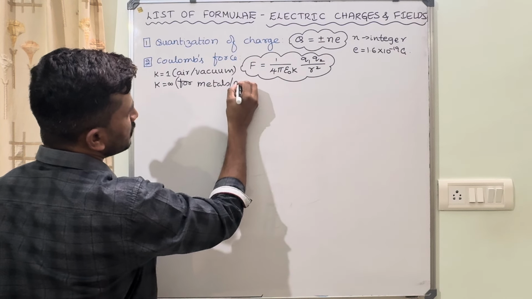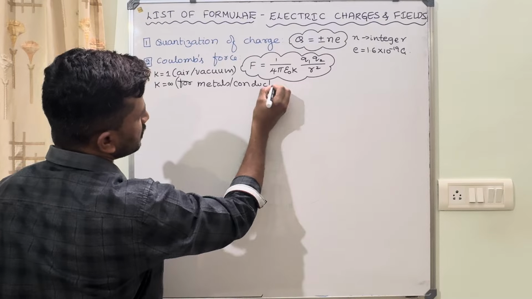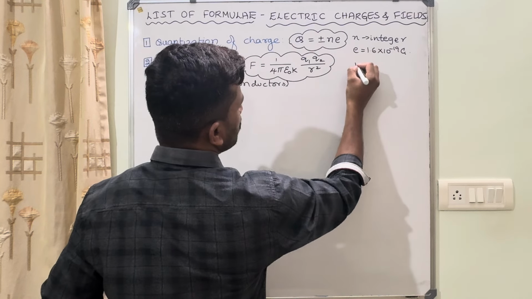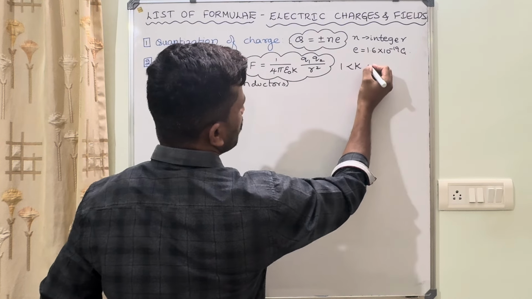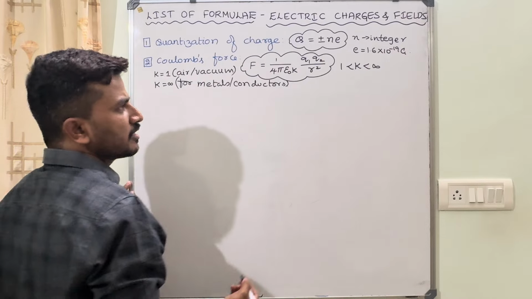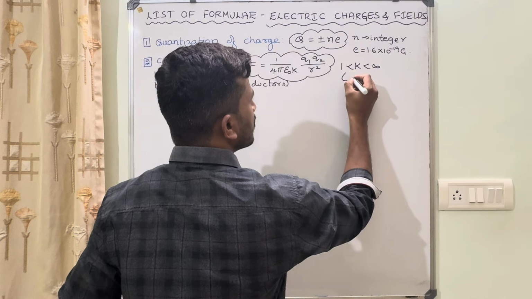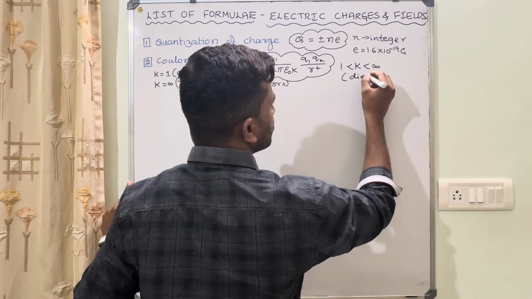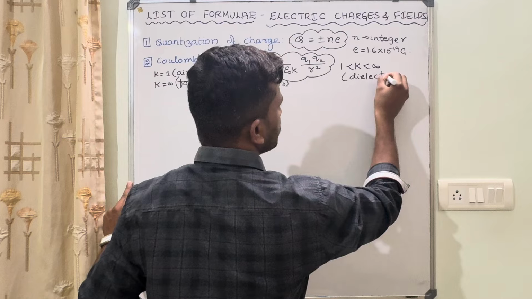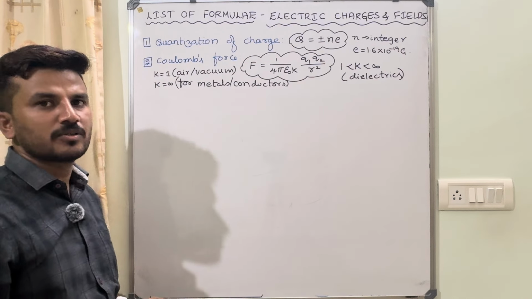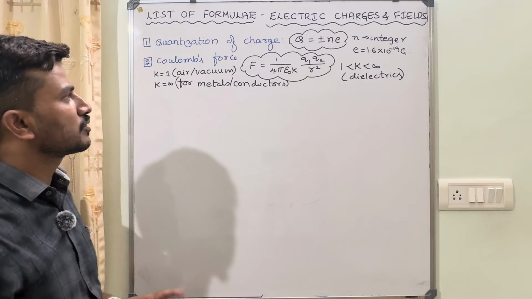And K value lies between 1 and infinity, that is K value is greater than 1, less than infinity for dielectric materials, dielectrics. So this is the Coulomb force.